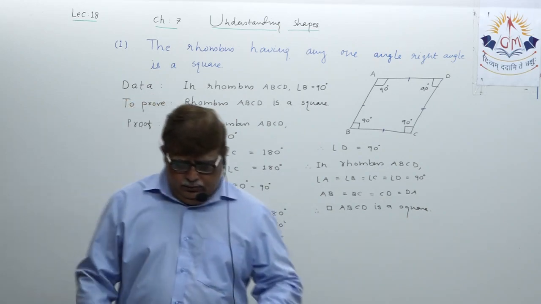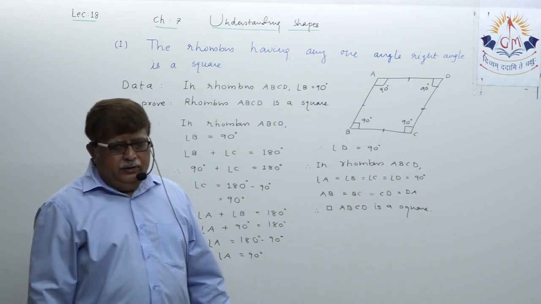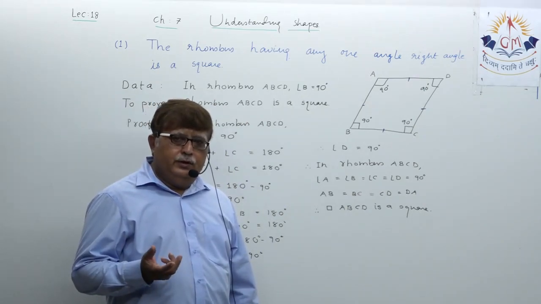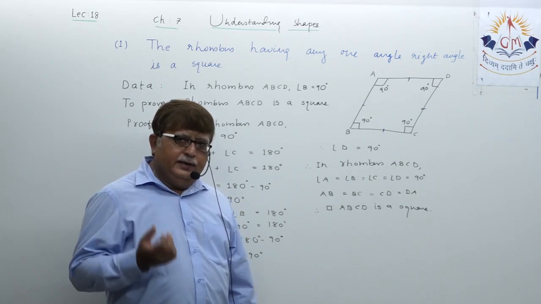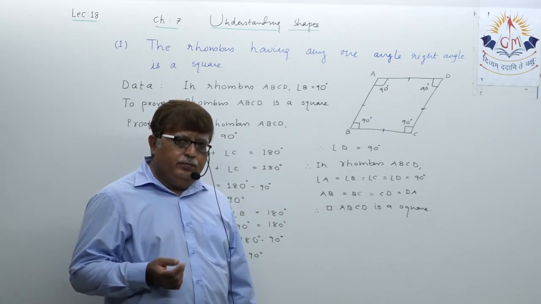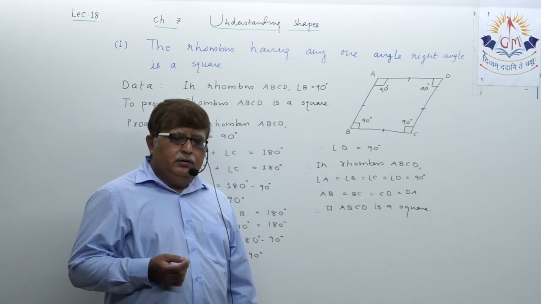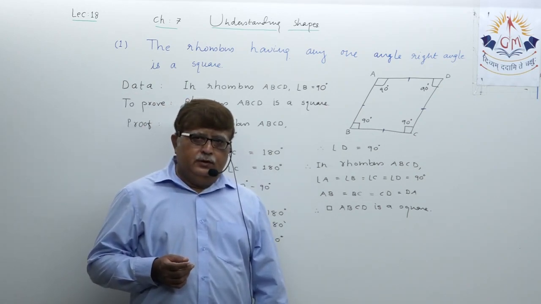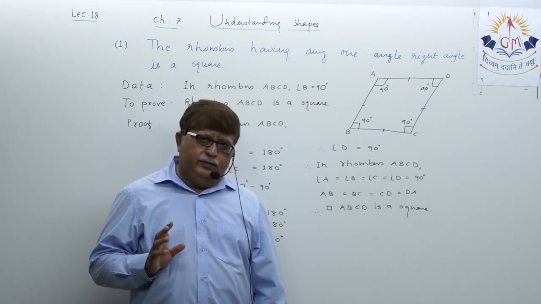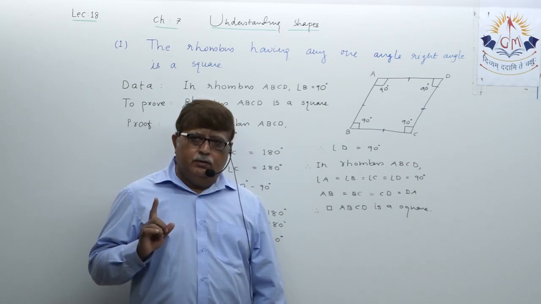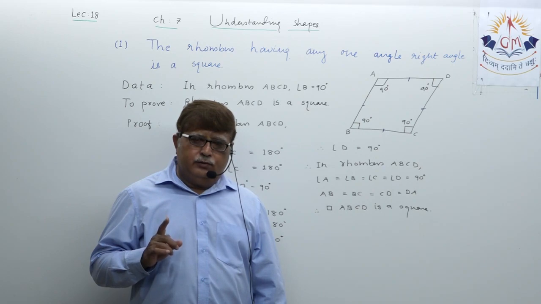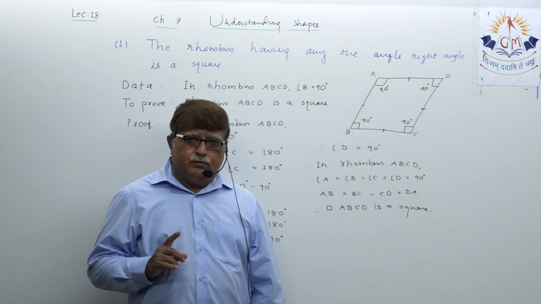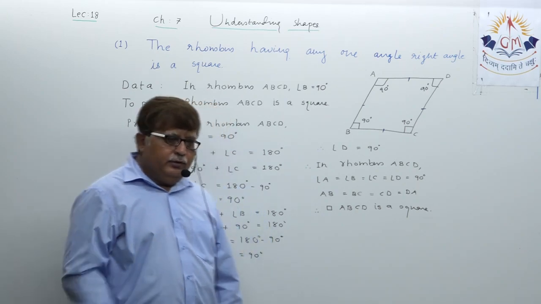And you all know one very important property of square. If you can remember in the previous lecture, when we defined square, we defined it as a quadrilateral having all angles right angle and all sides congruent is a square.